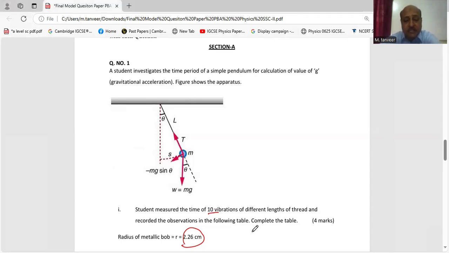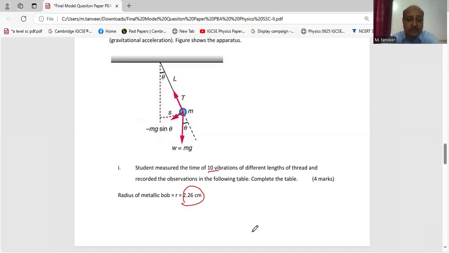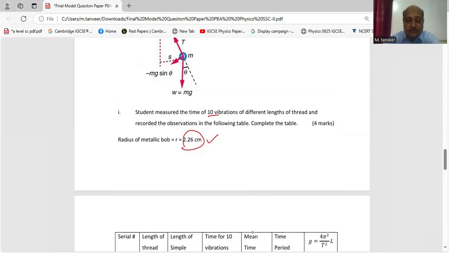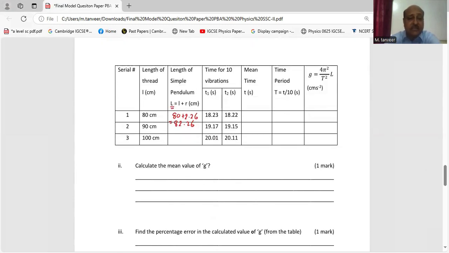The student measures the time for 10 vibrations for different lengths of the thread and records the observations in the following table. The radius of the bob is 2.26, which is given. You have to fill this table. Length of the thread is 80 centimeter.